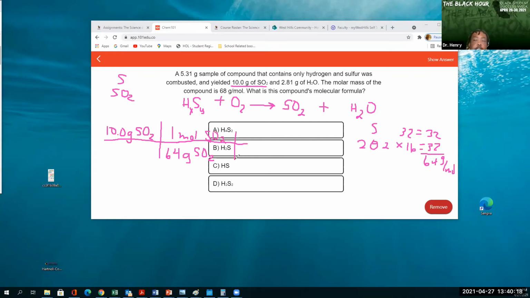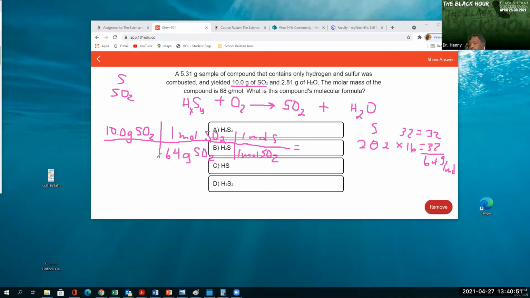Now, if we look at the relationship between the number of sulfurs in sulfur dioxide, for every 1 mole of sulfur dioxide, we're going to have 1 mole of sulfur. So then this is going to give me my moles of sulfur.